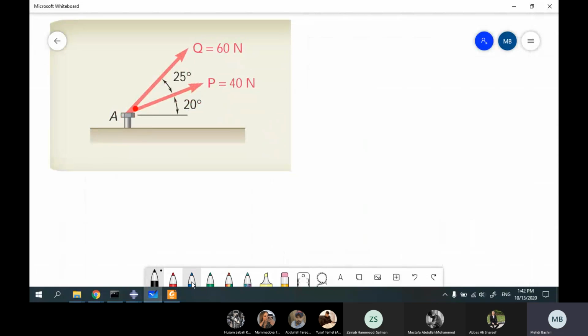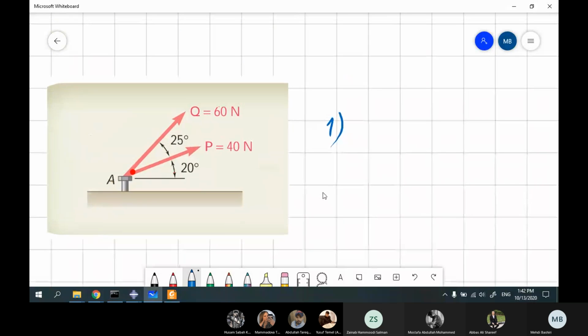As I said, we have two methods. The first one is the parallelogram. Let's check if we can use the parallelogram or not.